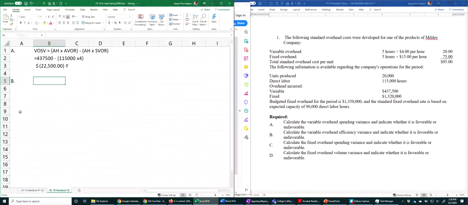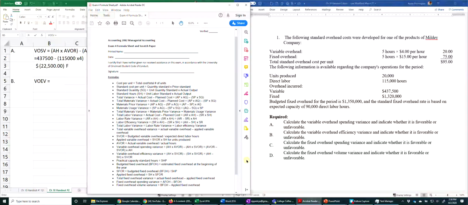So let's pick out the formula that we'll need.